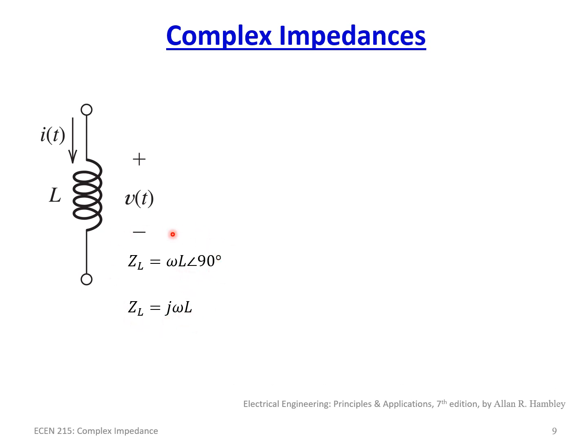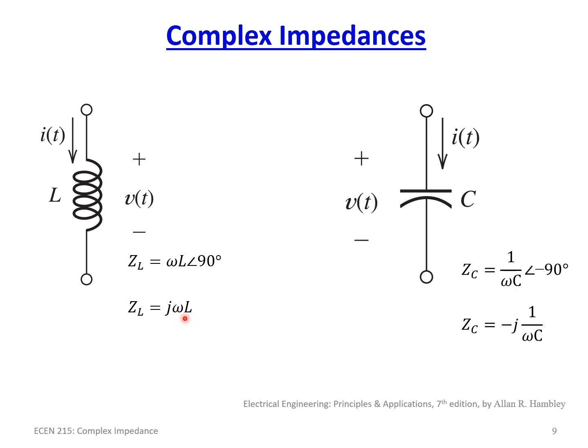There are two forms we can use: the angular or polar form, and the rectangular form, which is the real plus imaginary. Of course, in this case there is no real component of an ideal inductor. There's no actual DC resistance, it's 0 ohms, but it does have a reactance, which is j omega L.